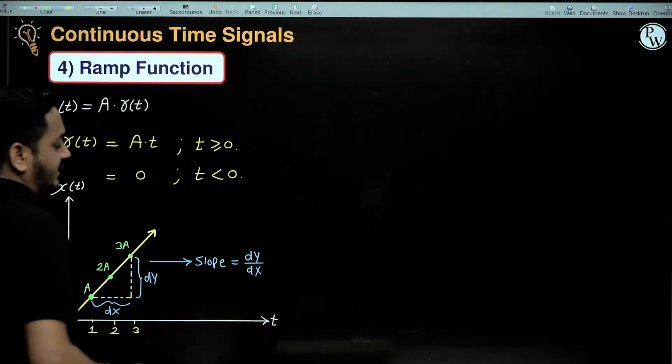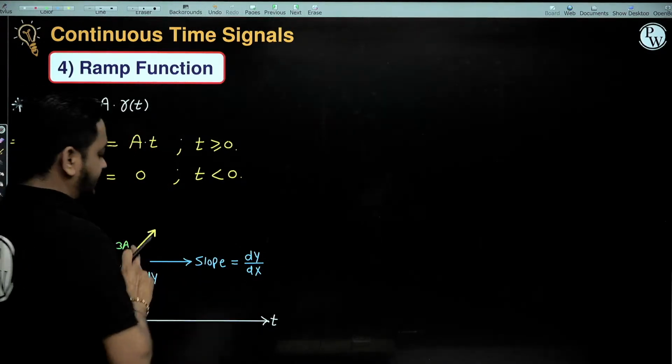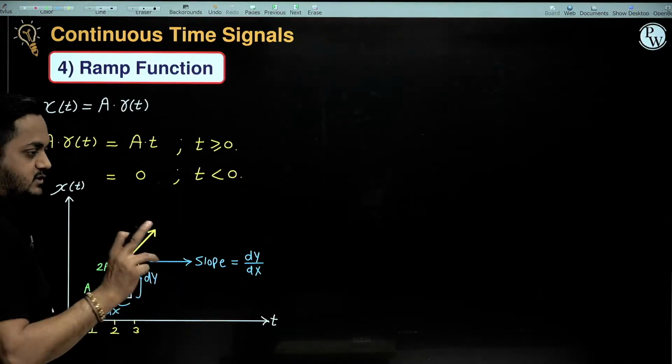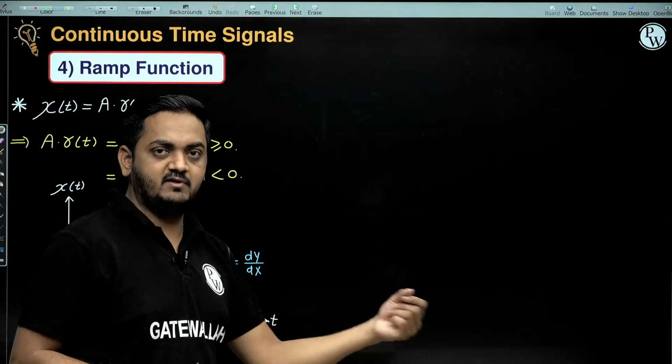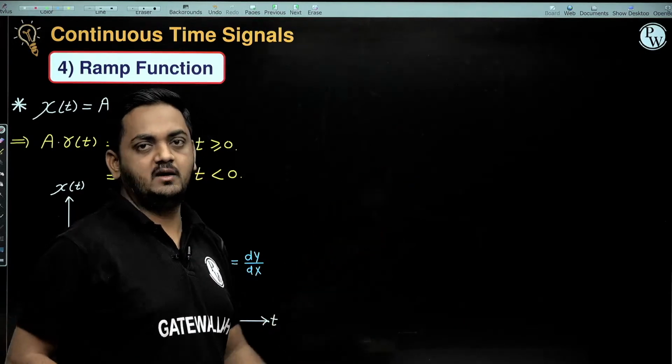As it is increasing, it is a positive slope. First find only the magnitude, then check whether it is positive or negative by seeing if it is increasing or decreasing from left to right.